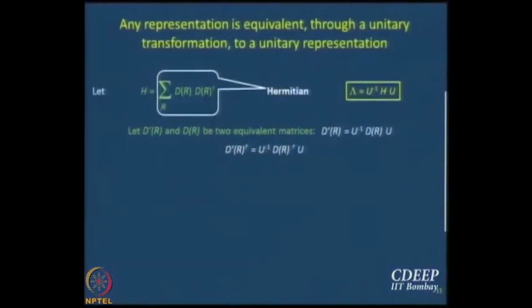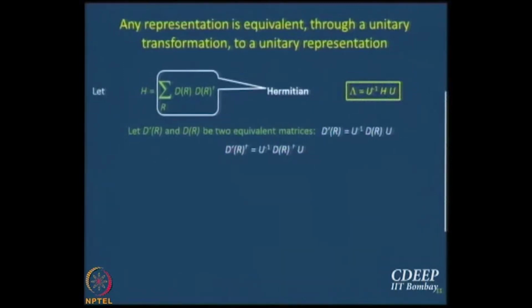U cannot be a diagonal matrix, right? Lambda is a diagonal matrix. I should not say that it cannot be a diagonal matrix, but in the most general case it is not, alright. So, the adjoint of d prime r is also a similarity transformation of the adjoint of dr. Okay, so far so good.